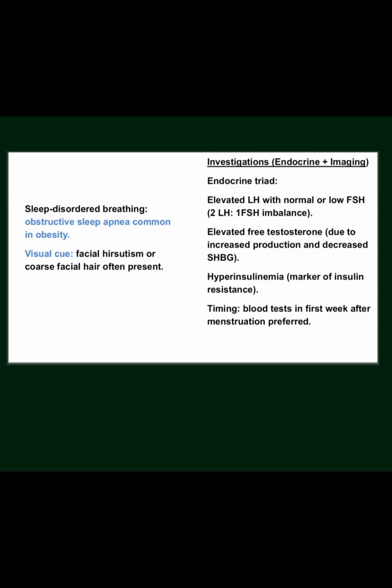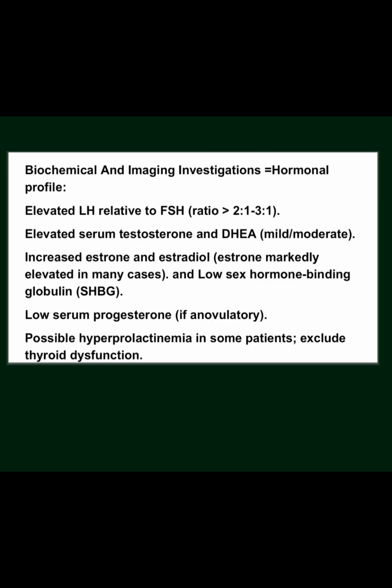Okay, we need to check for that. We need to do our glucose test just to make sure. Okay, the timing of the blood test should be in the first week after menstruation has happened. Good results have been shown after that time.